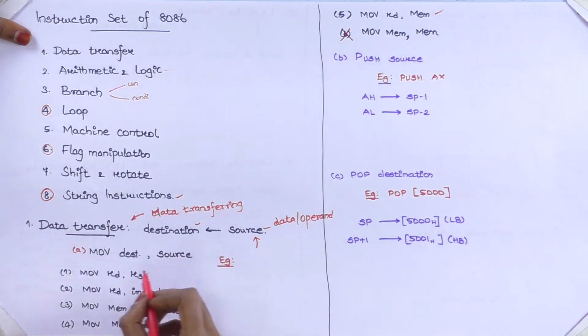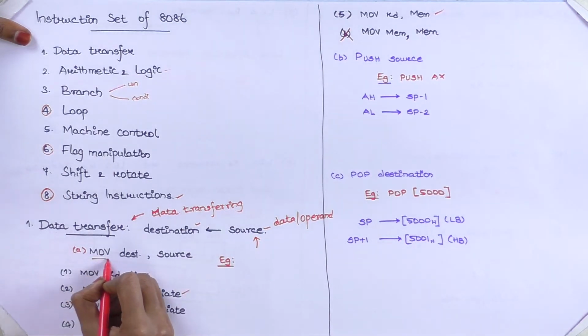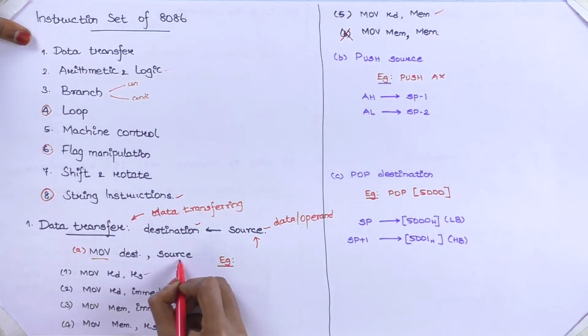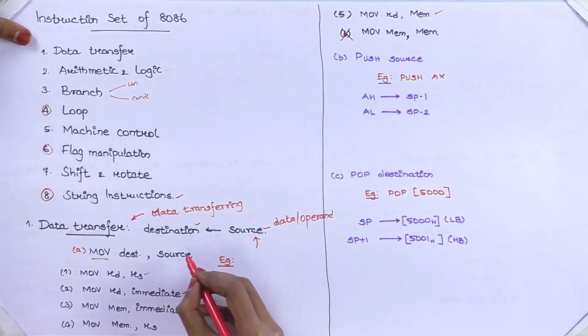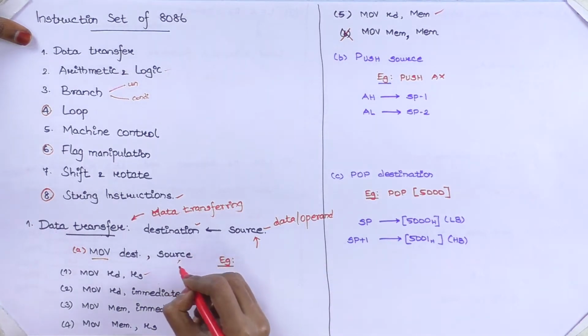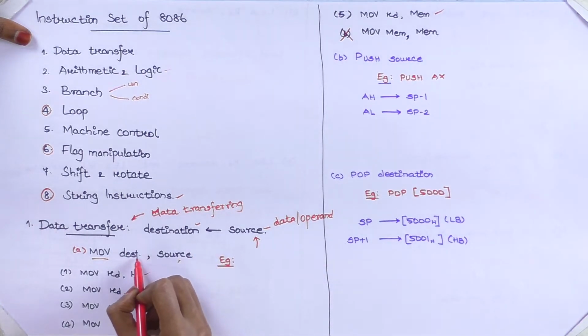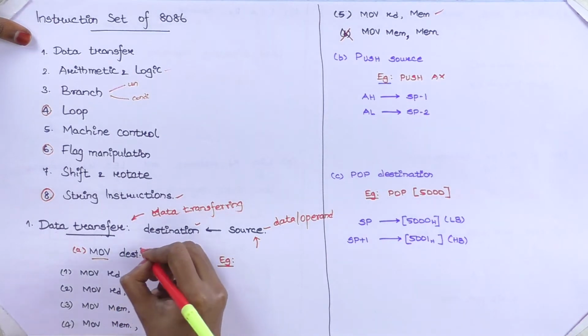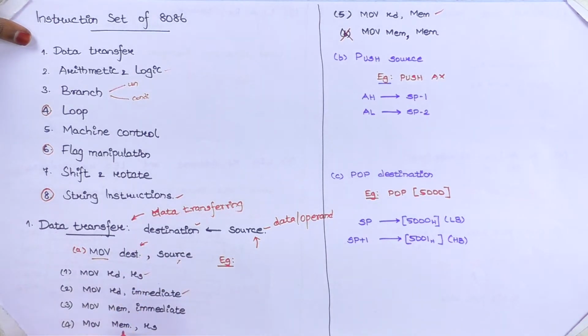Fine. So the instruction will be like MOV destination comma source. The register or memory location where your operand is there is known as source. The location to which you want to transfer this operand is known as the destination. Fine. And this is your mnemonic MOV.